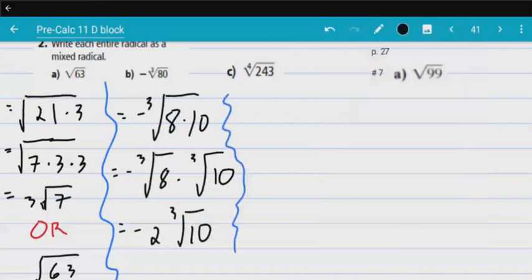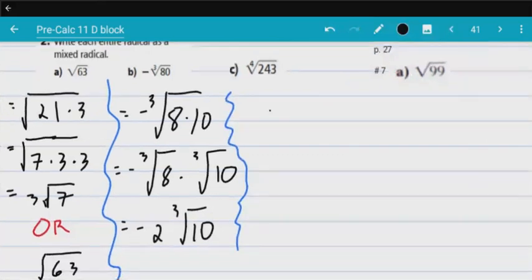What about fourth root of 243? If you're good with your times tables, again, you would have seen it right away. Well, for some of you, you would realize that, let's try to divide this by 3.